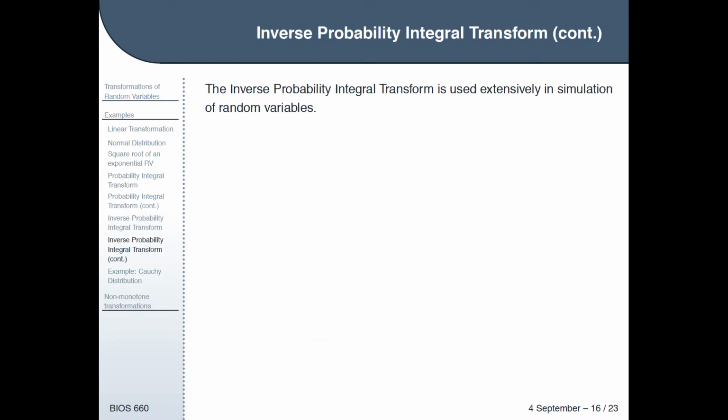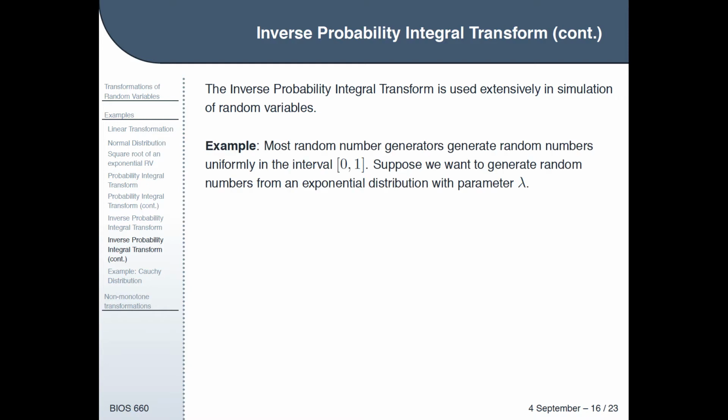The reason you would care about this is if you're trying to simulate random variables that have some distribution. Most computer random number generators are designed to generate random numbers between 0 and 1. If you've ever done any programming before, you know that most random number generators just generate random numbers in that interval.